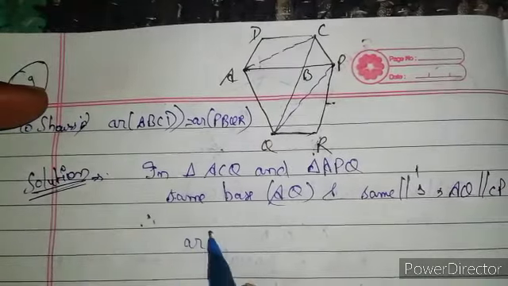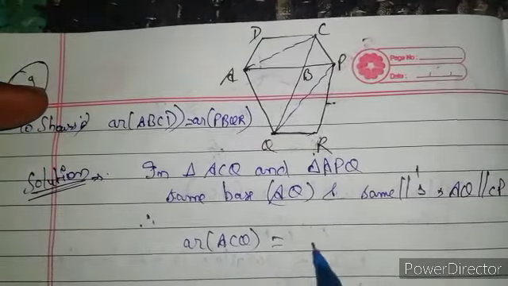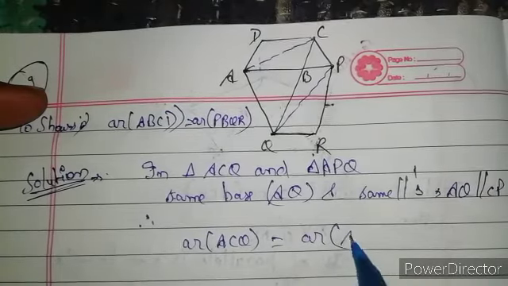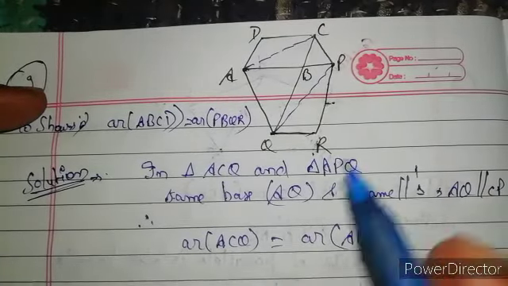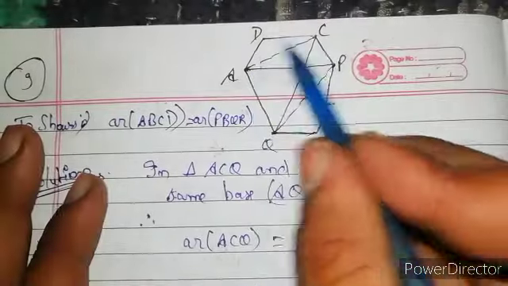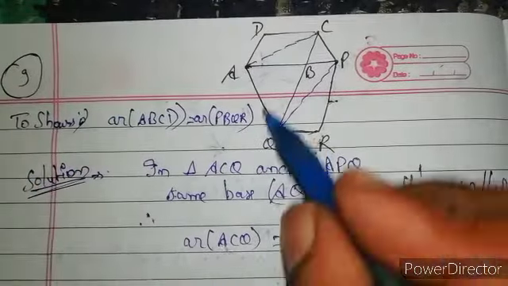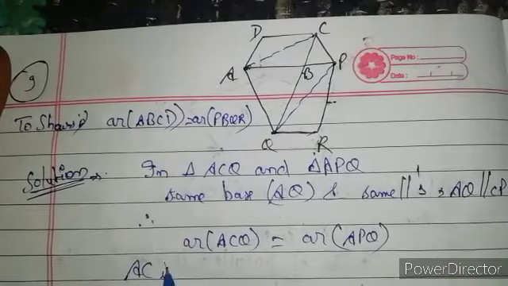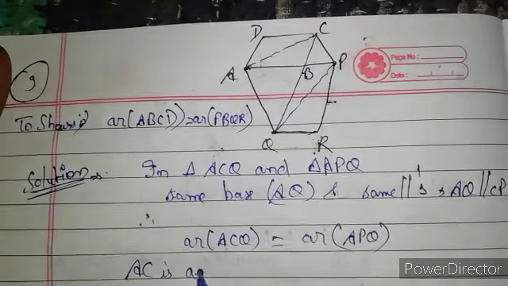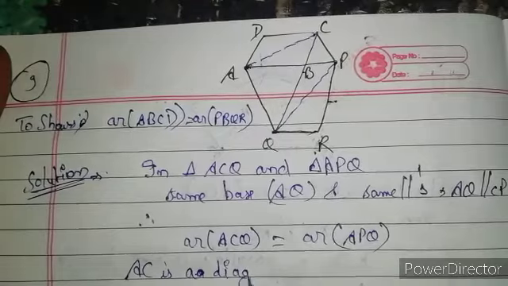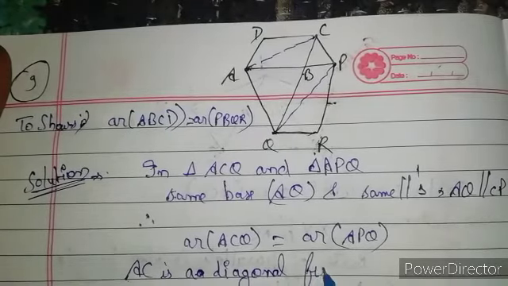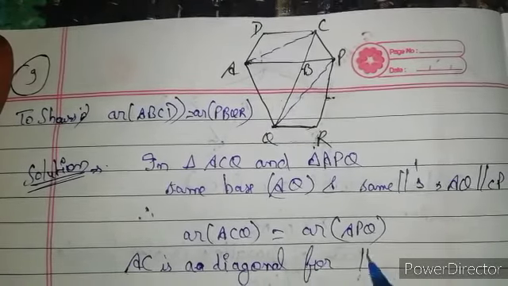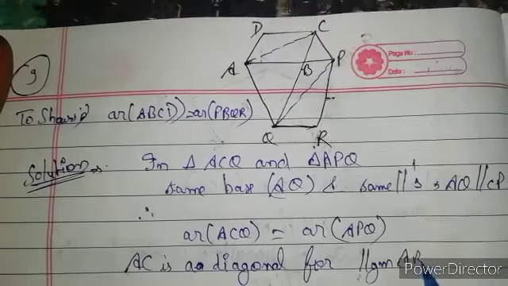So we can say that area of ACQ is equal to area of APQ. But we have to show that area of ABCD. So here look, AC is a diagonal for parallelogram ABCD.